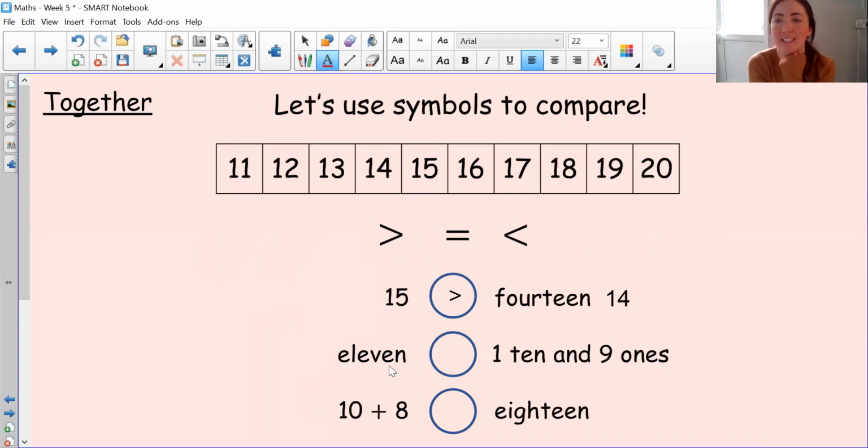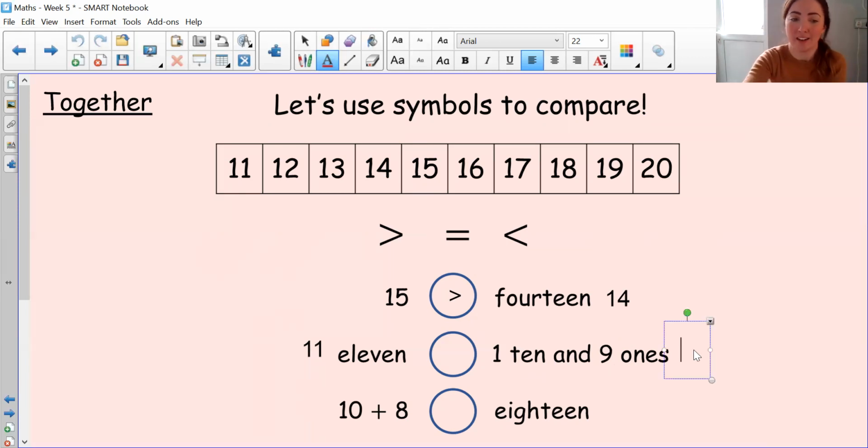Okay, next we've got another number word. What does this number word say? It says 11. And then over here, can you read this with me? 1 10 and 9 ones. 1 10 and 9 ones, or 10 and 9. What is 1 10 and 9 ones?